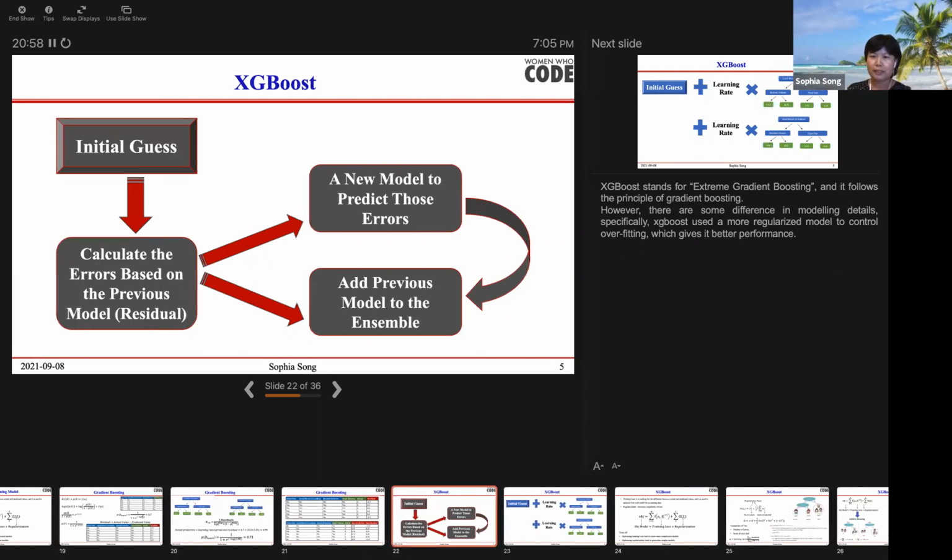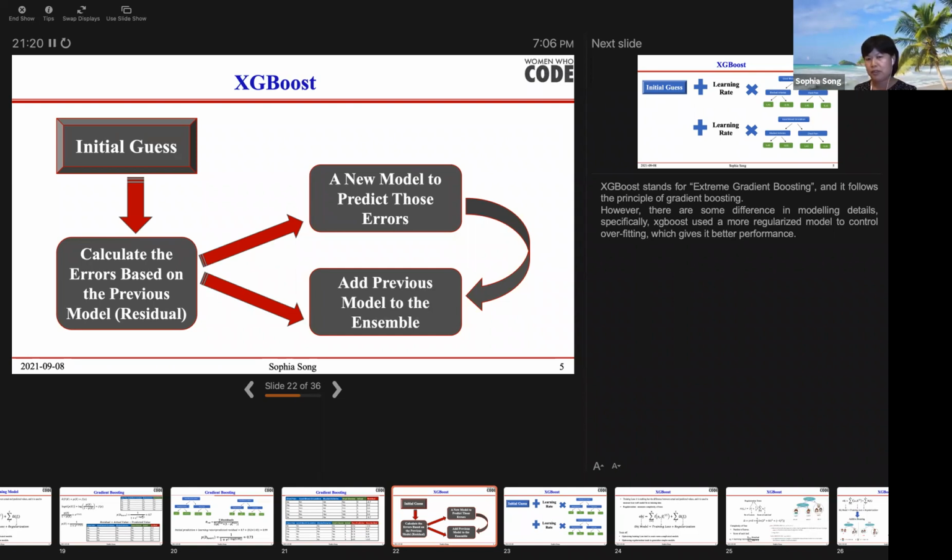For XGBoost, it's all based on previous knowledge, right? We have the initial guess, then calculate the error based on the previous model, then build a new model to predict these errors, then add it to the ensemble.